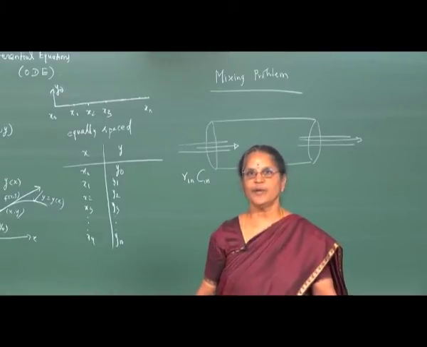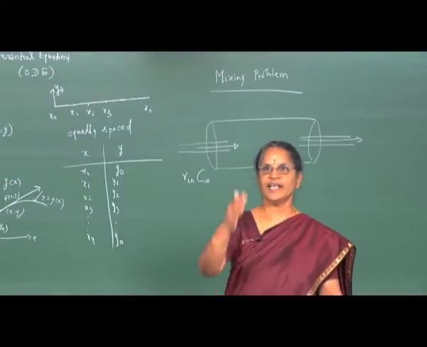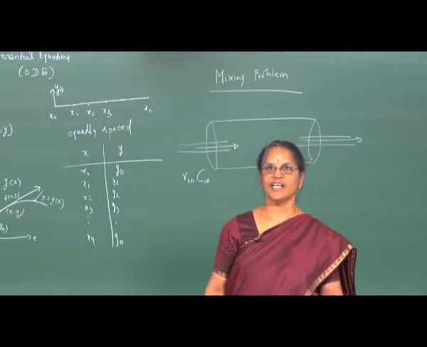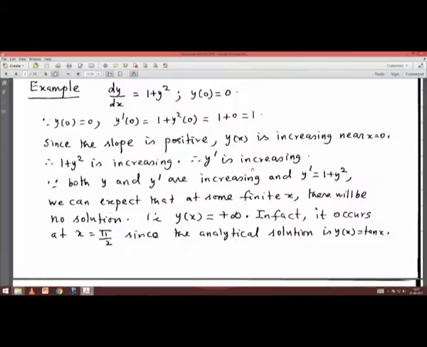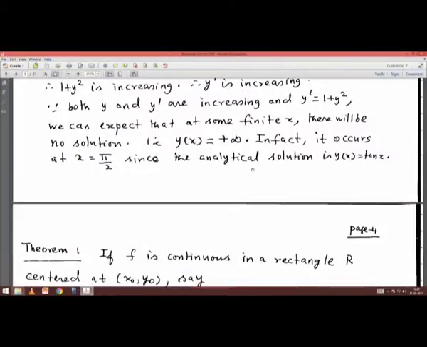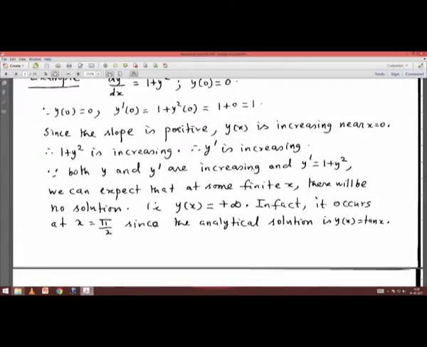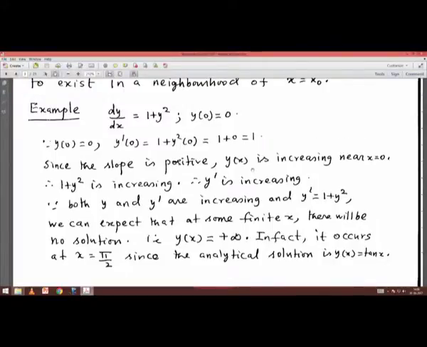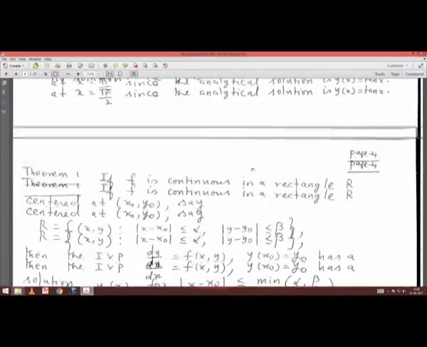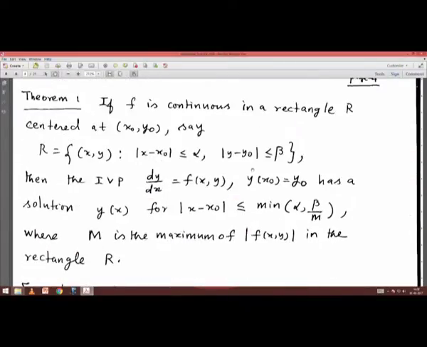So, at x is equal to pi by 2, your analytical solution is such that it is going to become infinite. So, you observe from this example that your solution is such that at x is equal to pi by 2, it becomes infinite, it does not exist. So, let us keep this example in mind and see what the next result tells us.